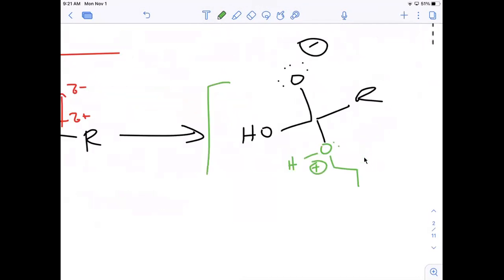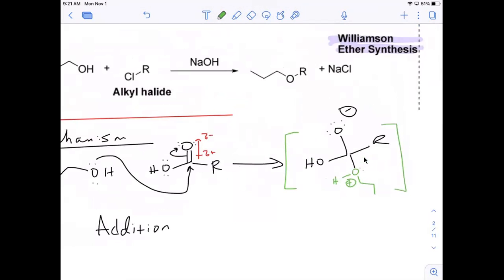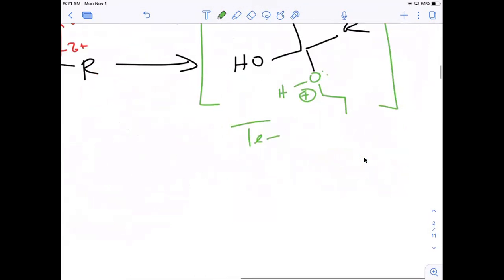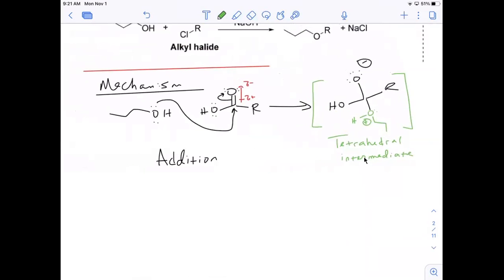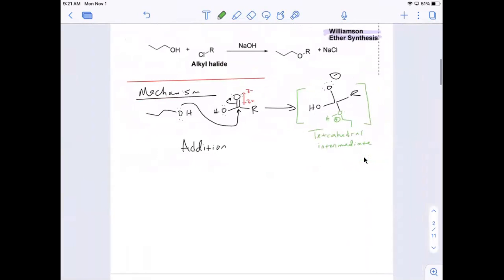Right, so this intermediate is common to carbonyl addition. Anytime you add a nucleophile to a carbonyl, you're going to get to an intermediate that looks like this. And I think we talked about this when we were doing Grignard additions to carbonyls. Am I right? Yes. Right, so anytime you add a nucleophile to a carbonyl, you get a tetrahedral intermediate, and that is going to decompose to give you your product.